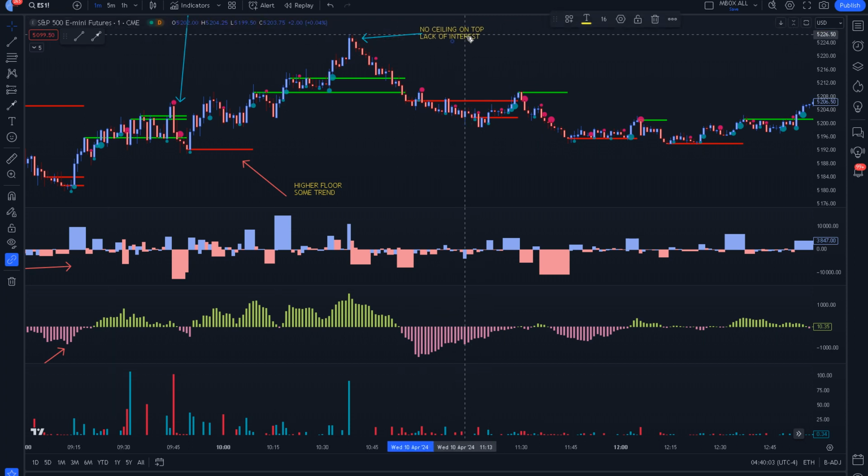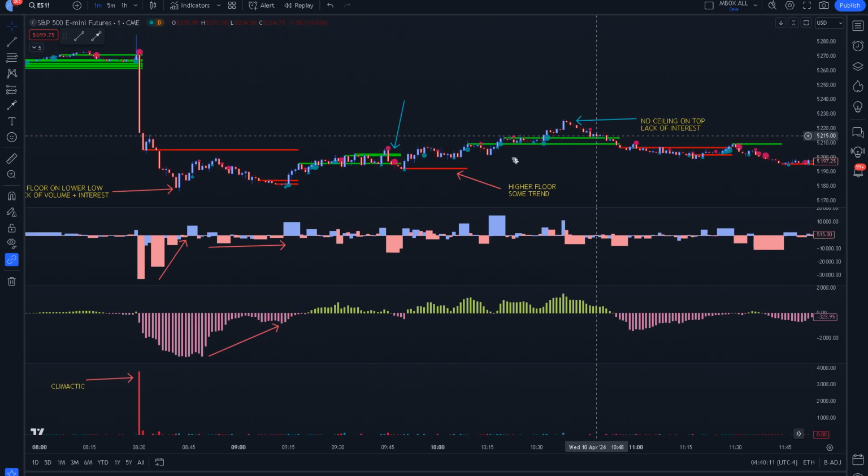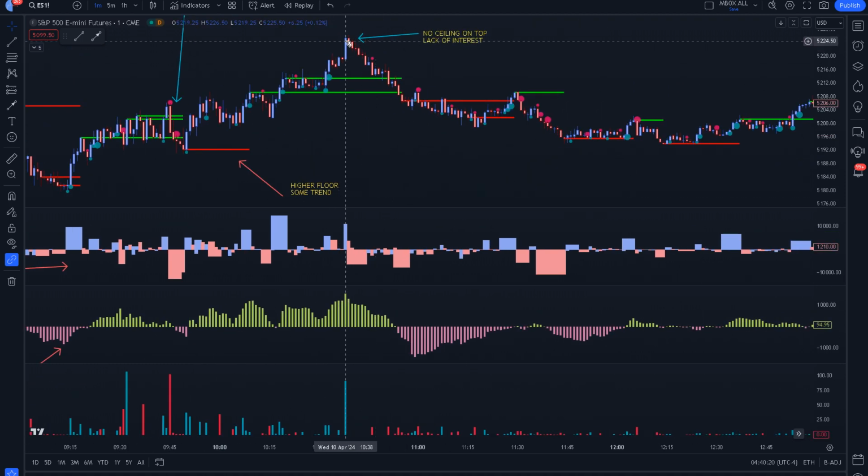So we're starting to see this thing repeat, that where floor or ceiling fails to form, usually it looks like reversals, right? So here there was no floor, and it was a reversal, and price kind of went horizontal, but it went up. Here also no ceiling, and price reverses down.